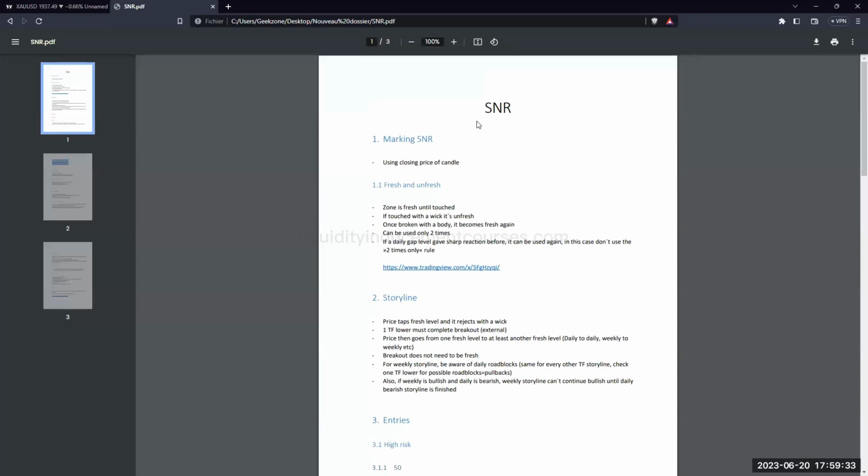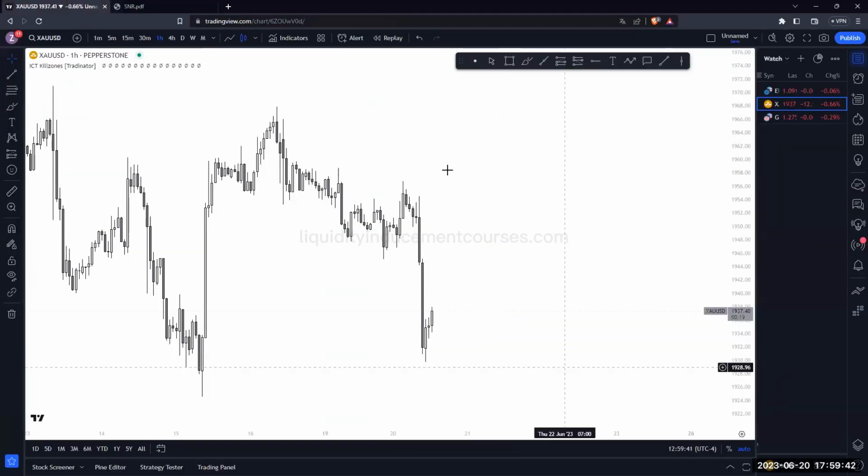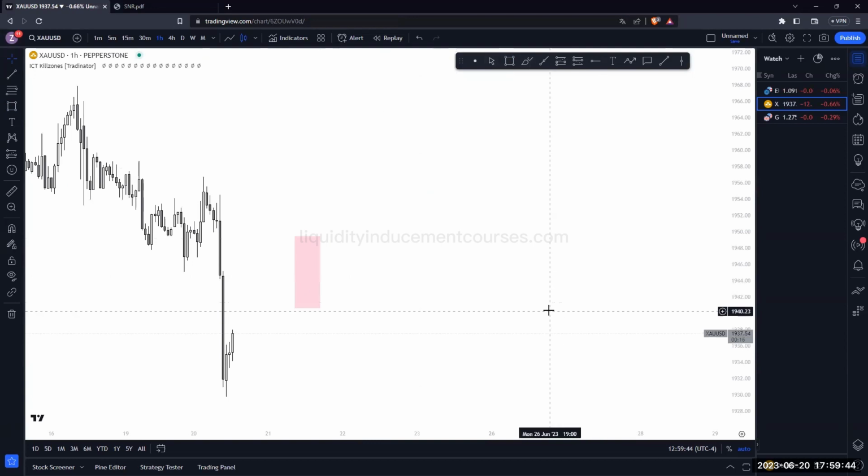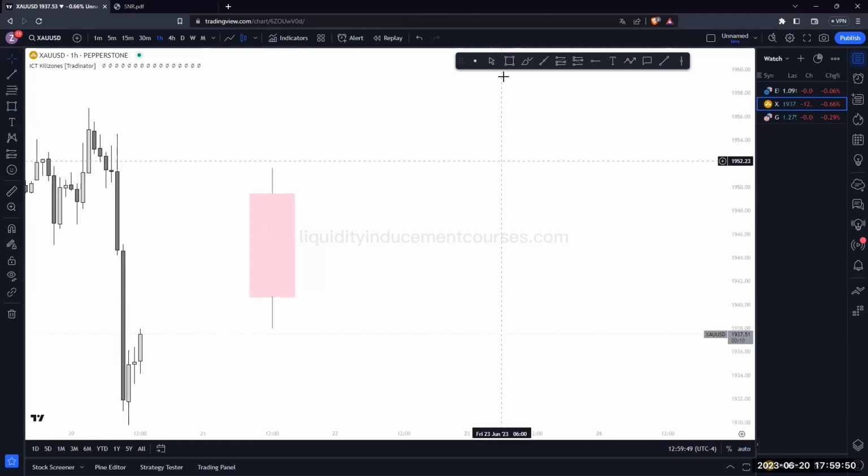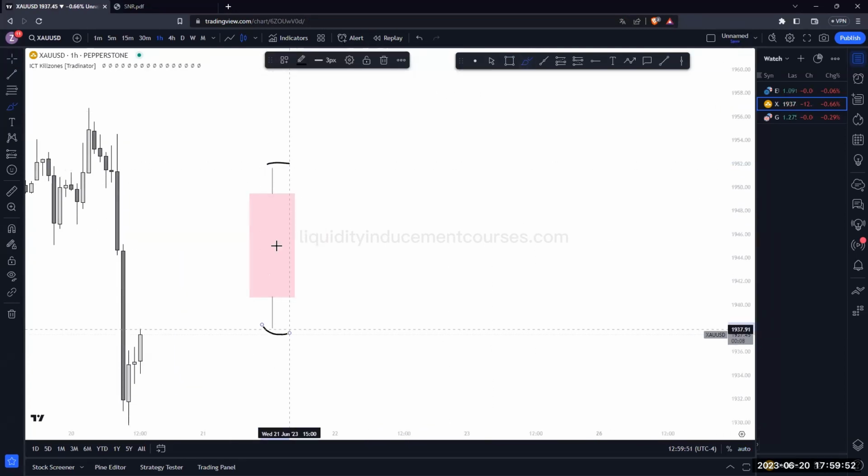So S stands for support, R stands for resistance. You should firstly know how to mark the SNR levels. To do that, you're gonna have a candlestick formed of 4 things: a high and a low, an open and close. If it's a bullish candle, the closing is going to be above.